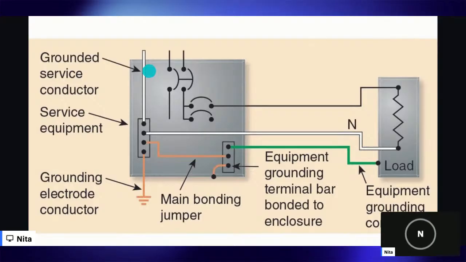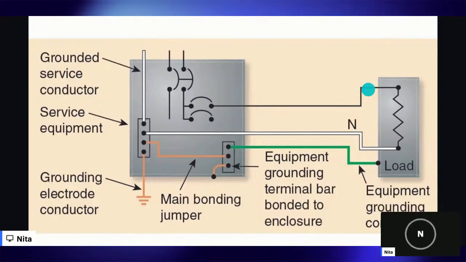So if everything is all good, we will have our electricity traveling to our load, powering our light, and returning back via the neutral. That's what we want to have.